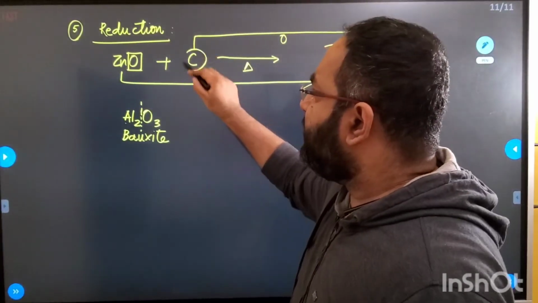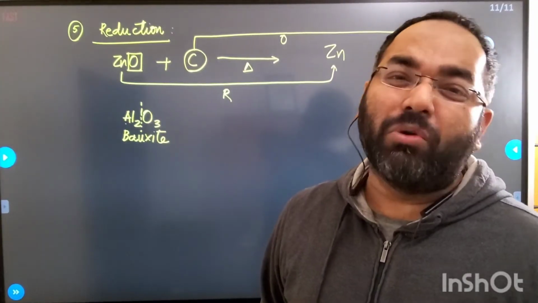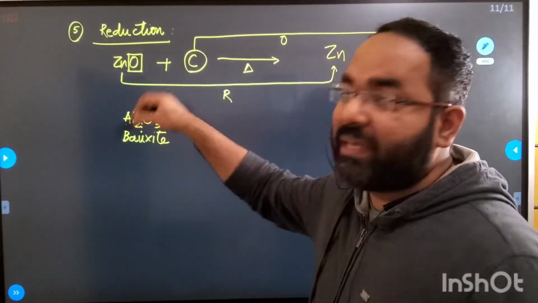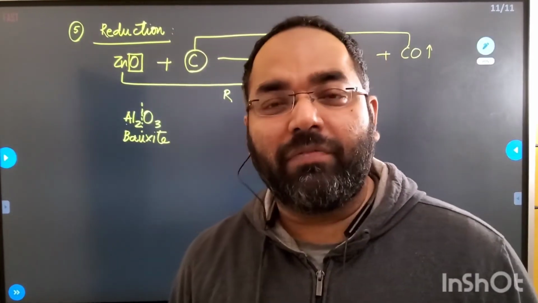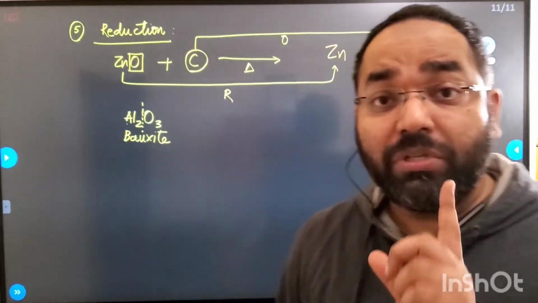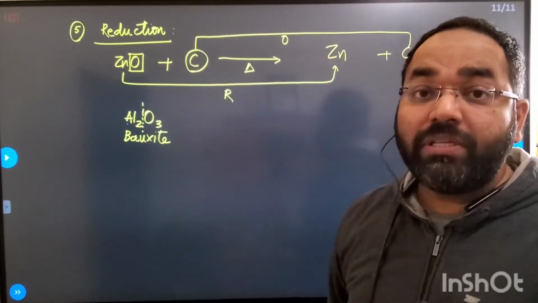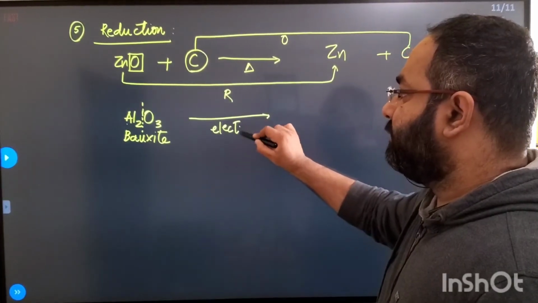So heating it in the presence of a reducing agent like the way we did for zinc may not be good enough, because it may not help in breaking that bond. And even if the bond breaks, the quality and quantity of aluminium that you're going to get at the end of it is going to be very poor. So in situations like this, if a reducing agent doesn't work, you use a process called electrolysis.